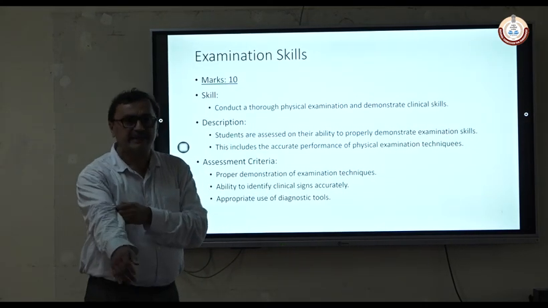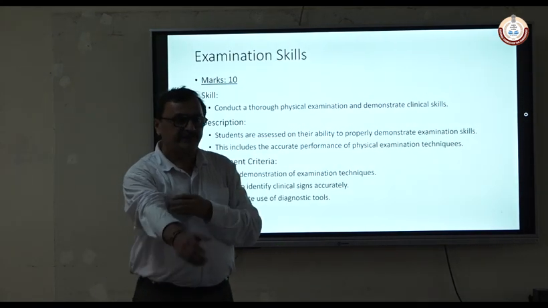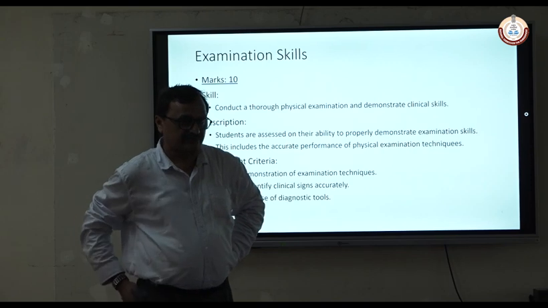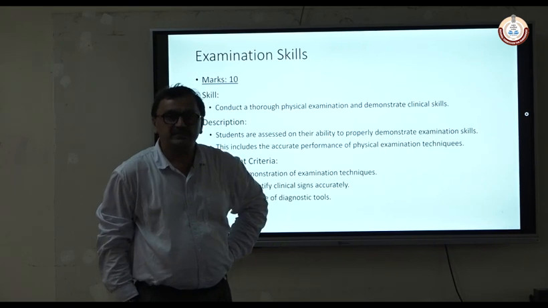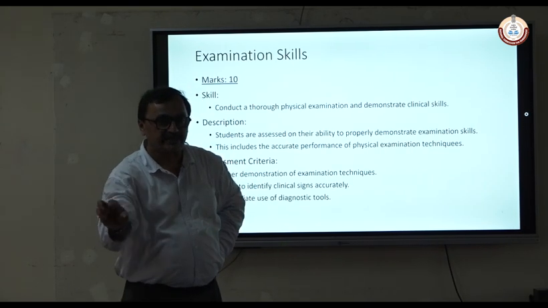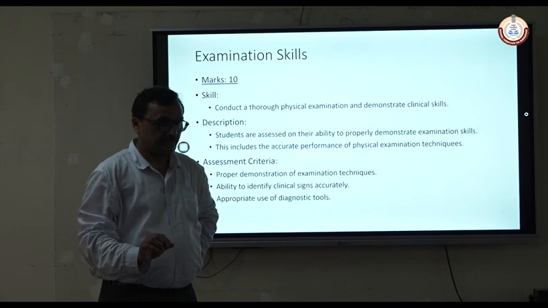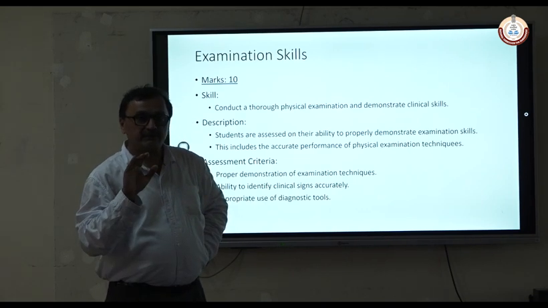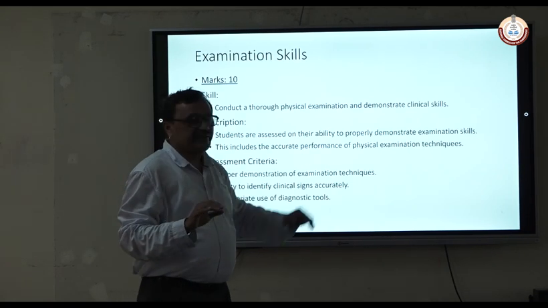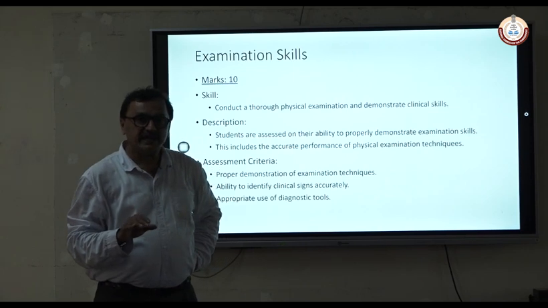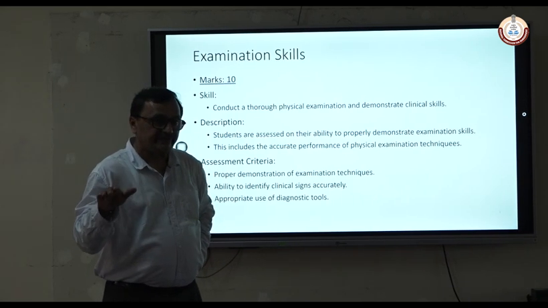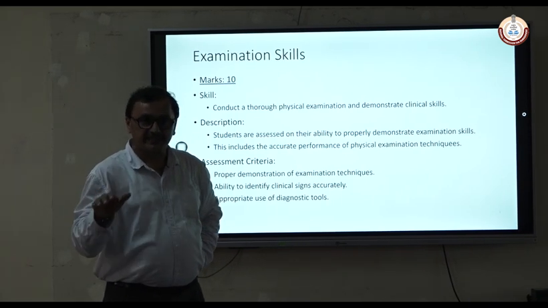many times we ask the students at the bedside, okay, auscultate the cardiovascular system. What the student does is put up the stethoscope and place it directly on the chest. But what the technique says is that you are supposed to identify the apex beat, where it is palpated.